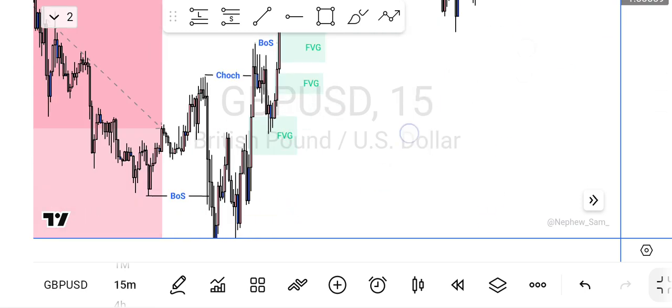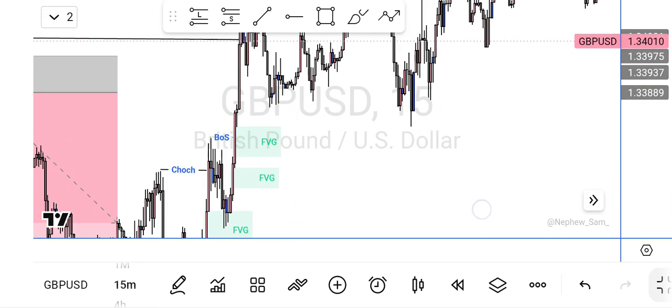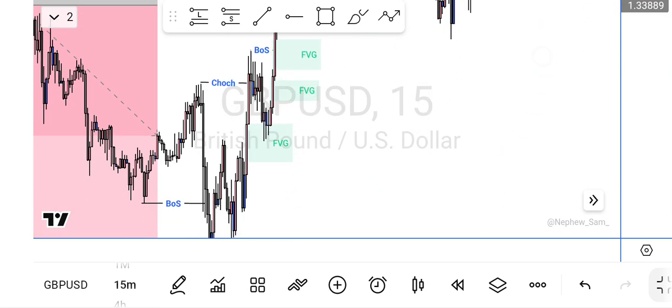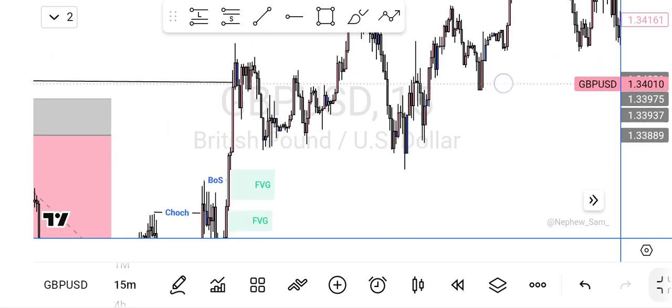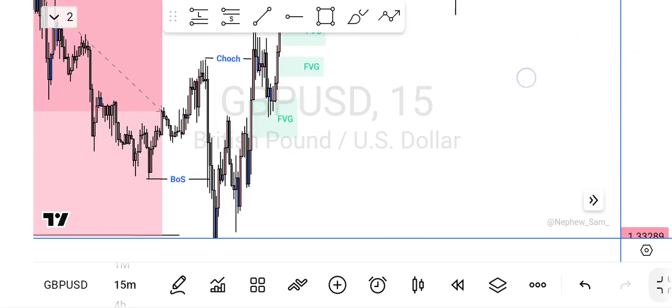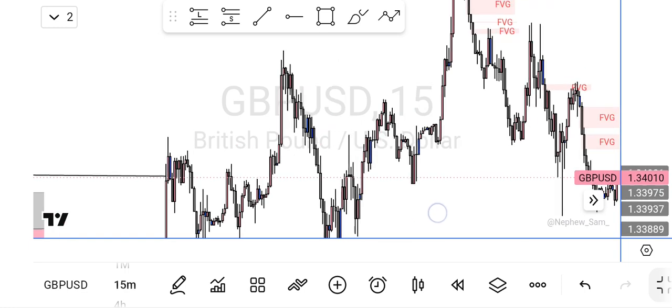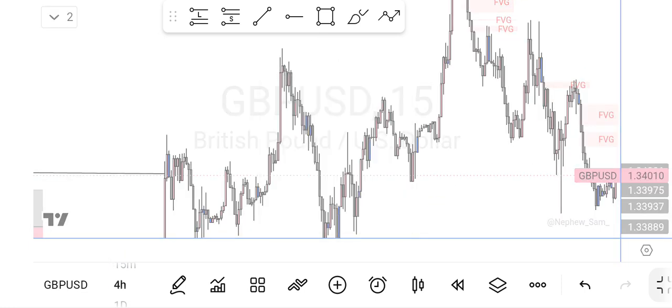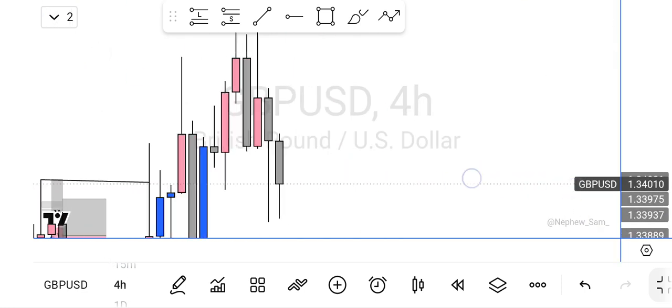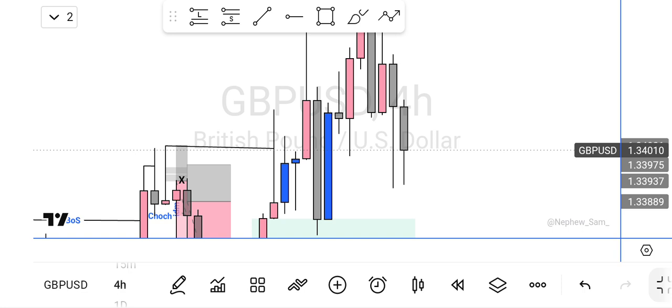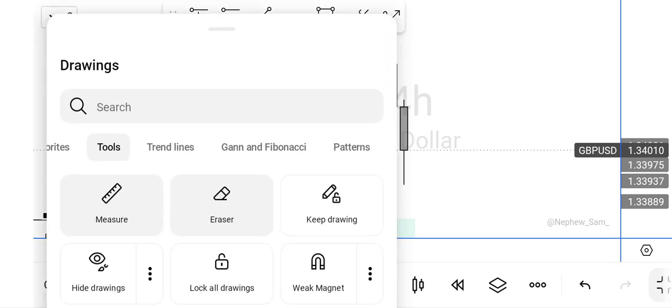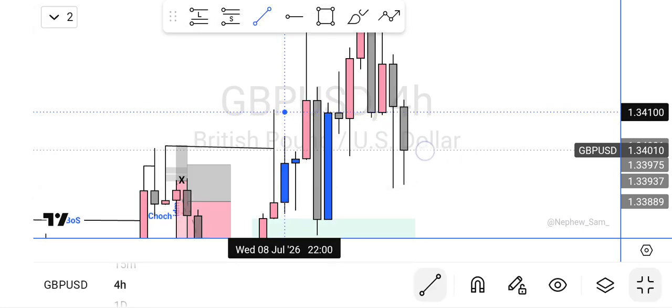We got the directional bias, but there was no opportunity to trade it. So that was it for this one. And then now we look at it from the 4 hours again. When we go back to the 4 hours, you see that it was a sweep and then later a break of structure right here.